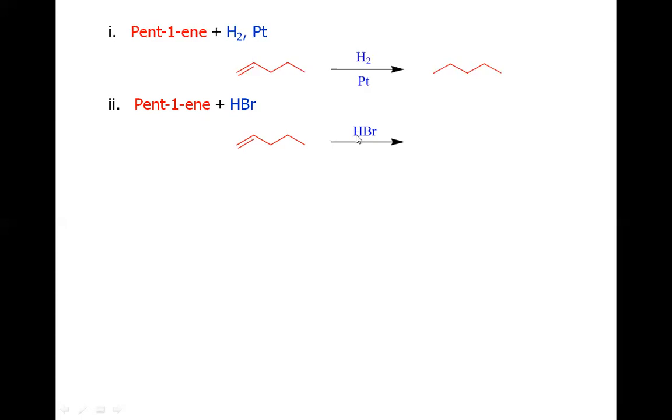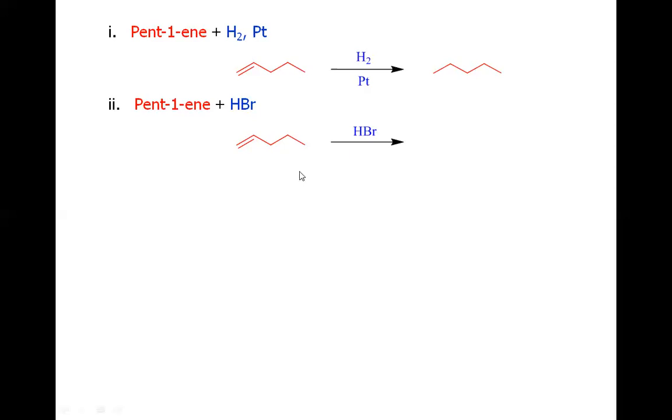If the hydrogen of HBr attaches to this carbon, we will have a carbocation here, which will be called the secondary carbocation. And if the hydrogen of HBr attaches here, we will have the carbocation here. In this case, we will have the primary carbocation. As we know, secondary carbocations are more stable than primary carbocations.